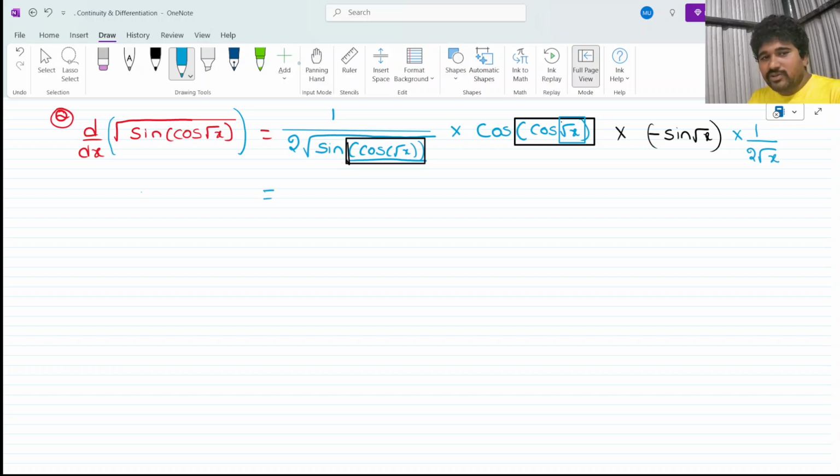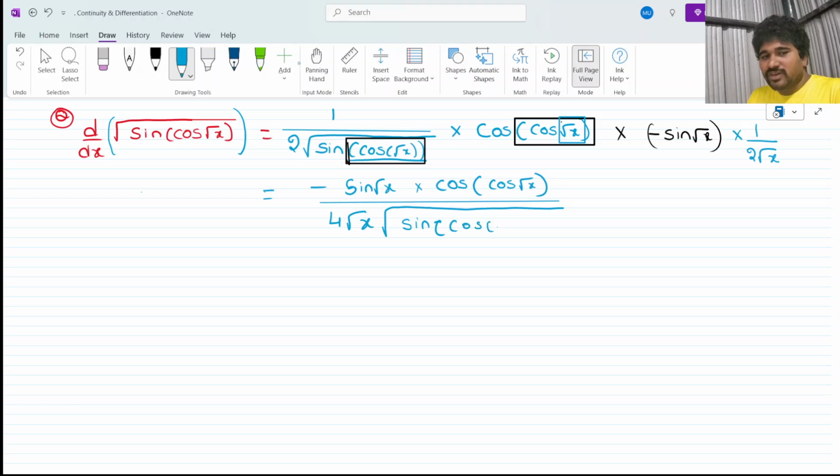What will it become altogether? Minus sine root x into cos of cos root x, whole divided by 4 root x into root of sine of cos of root x.